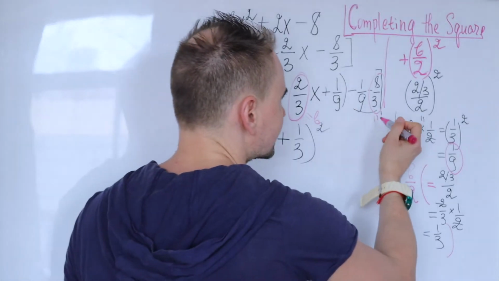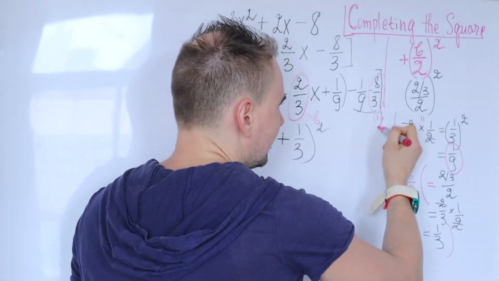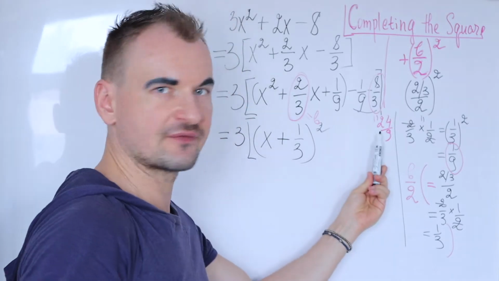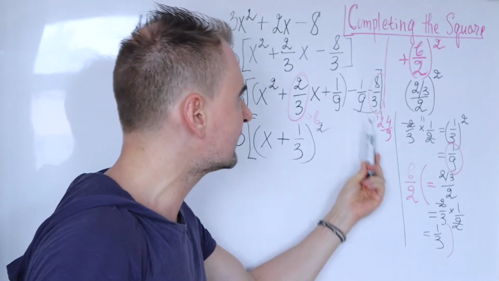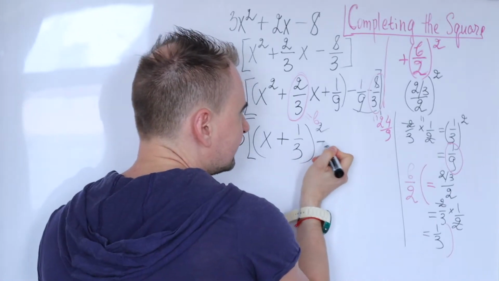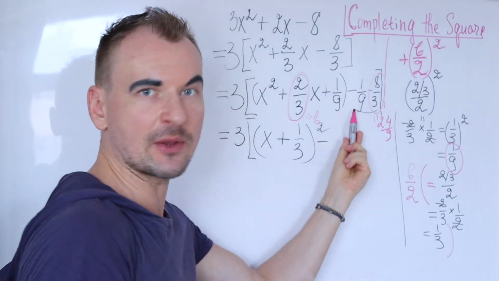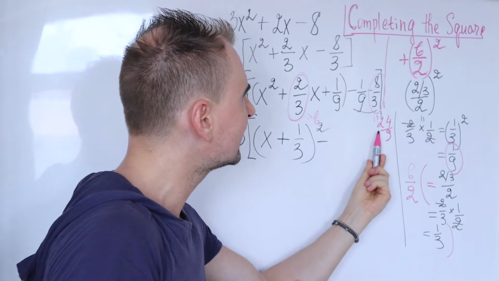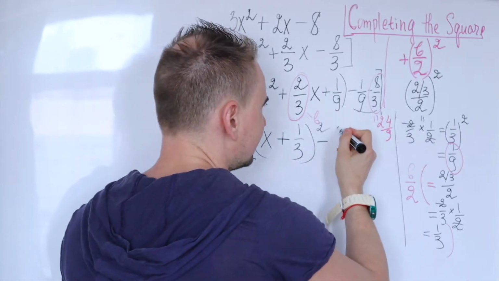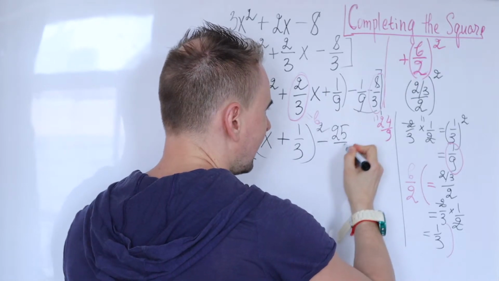So it becomes 24 over 9. So now we have the same denominator, so we can add these two fractions and write negative in front, since we have negative 1 over 9 and negative 24 over 9. So it simply becomes negative 25 over 9.